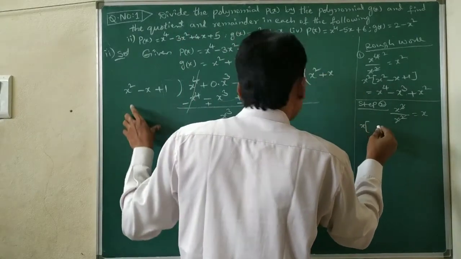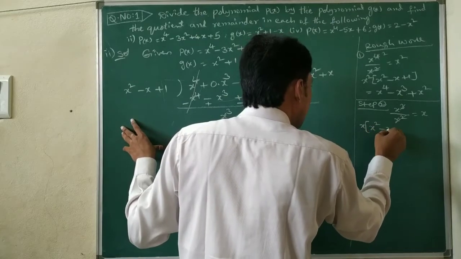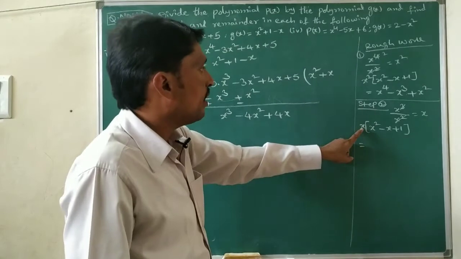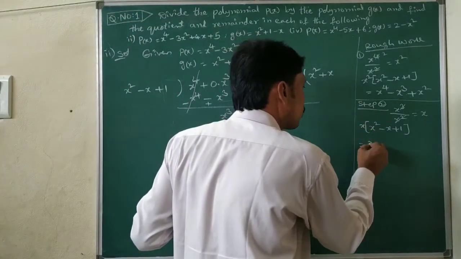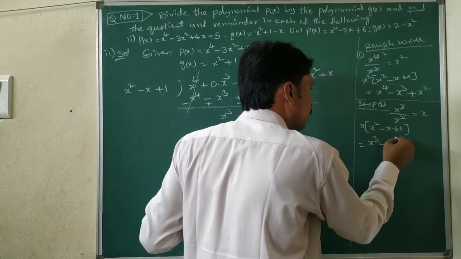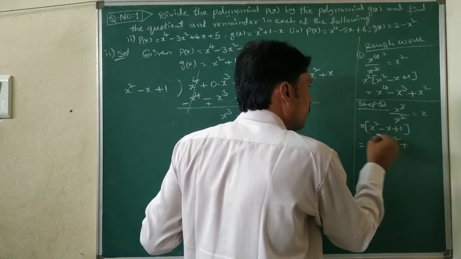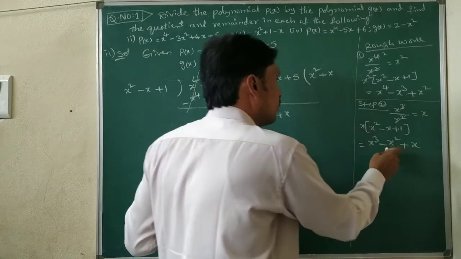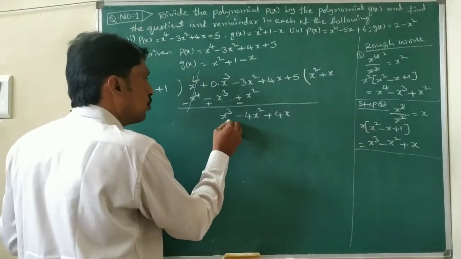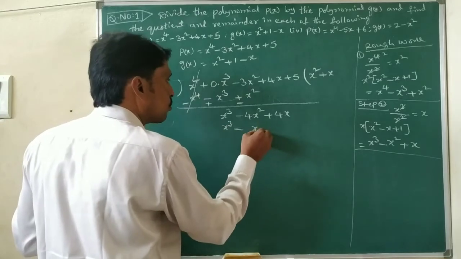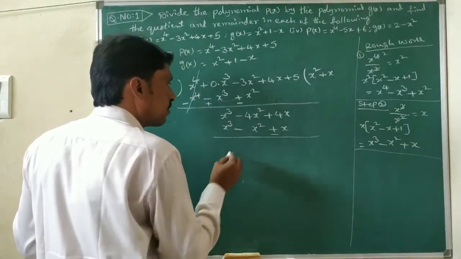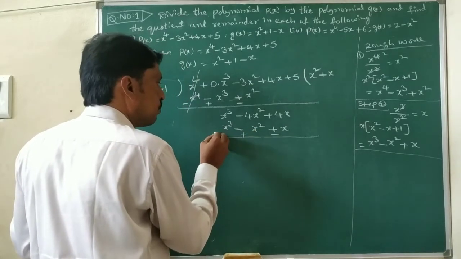Now we need to multiply x with the divisor x square minus x plus 1: x into x square is x cube, x into minus x is minus x square, and x into 1 is x. This value we write here: x cube minus x square plus x. Now the signs change: minus becomes plus, plus becomes minus.